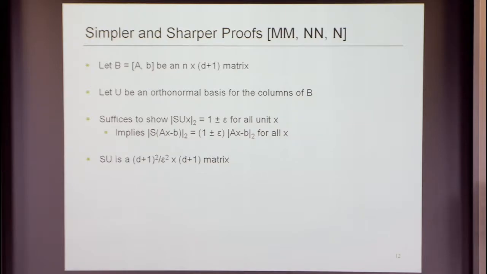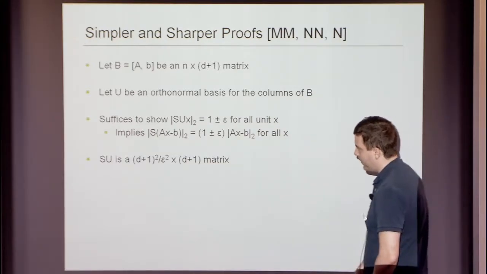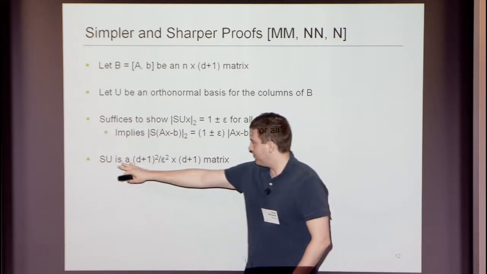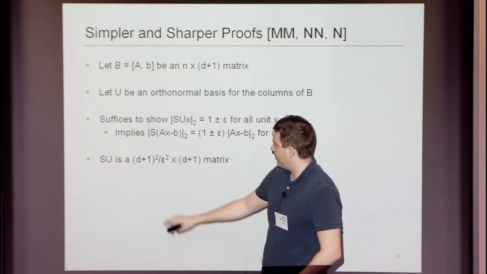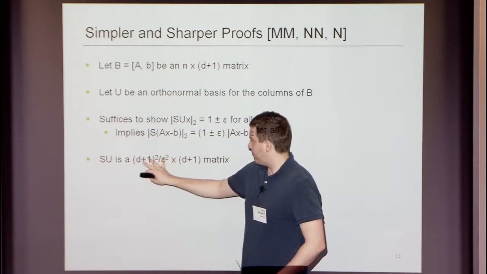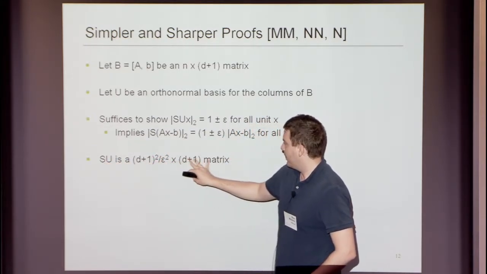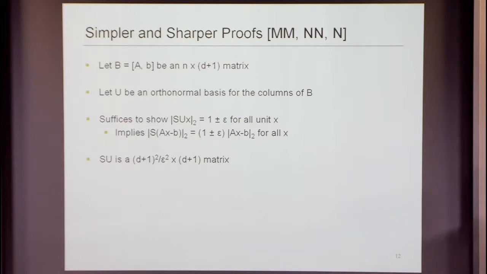Okay. So U has d plus 1 columns. So if S has (d plus 1) squared over epsilon squared rows, S times U is a (d plus 1) squared over epsilon squared by d plus 1 matrix.